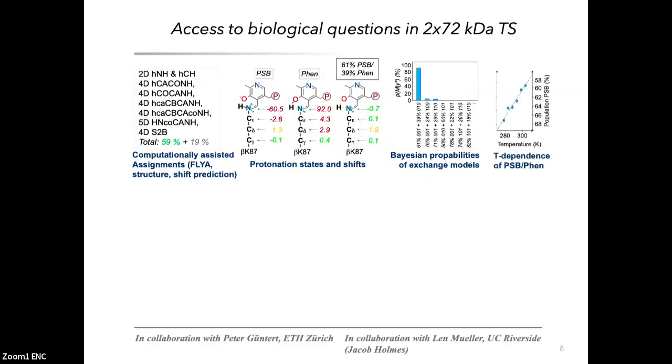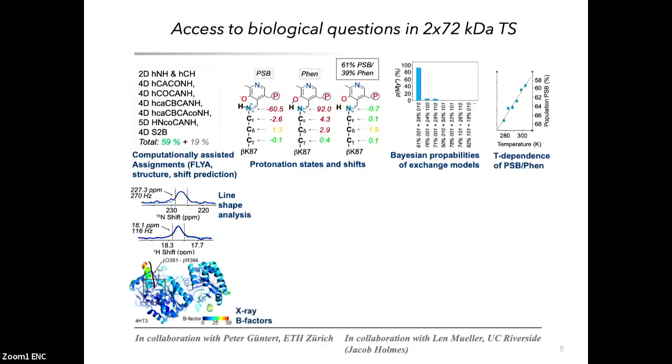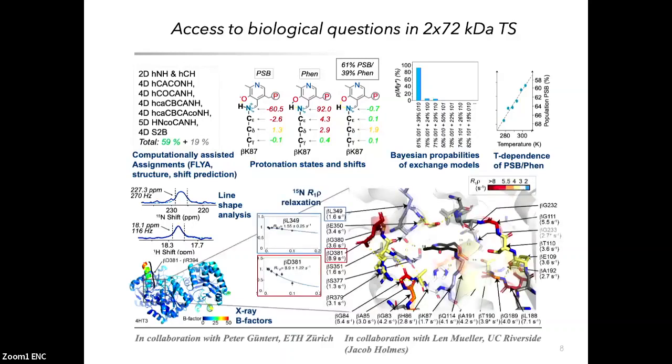Then we also recorded temperature-dependent data. We did line shift analysis. We looked into dynamics. This is just the crystal structure B factors, and this is R1rho experiments for the active site of the beta subunit.